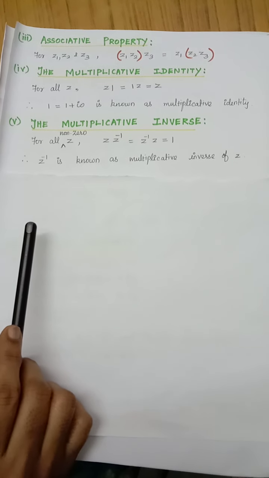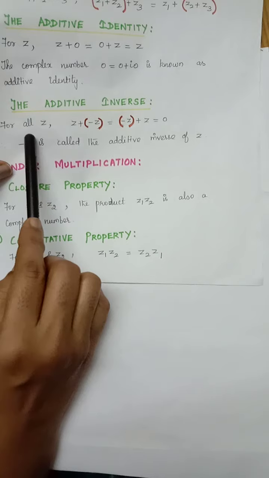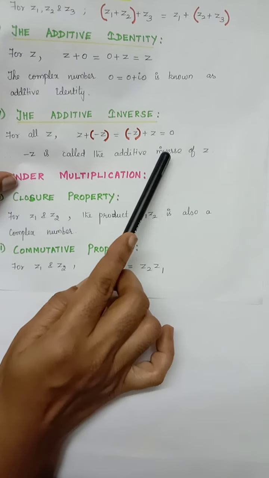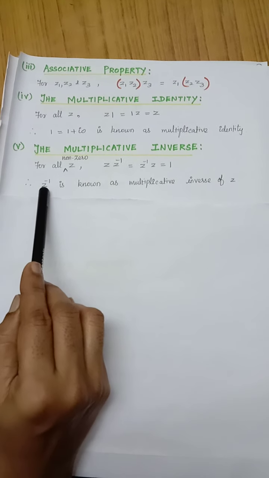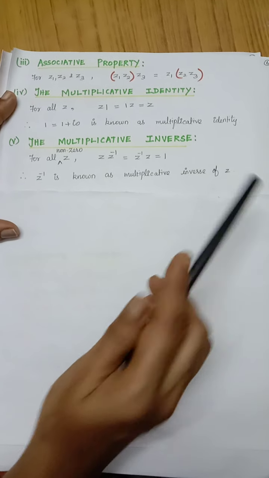Previously we have seen that minus z, the negative of z, is called the additive inverse of the complex number z. Here z inverse is the multiplicative inverse of z.